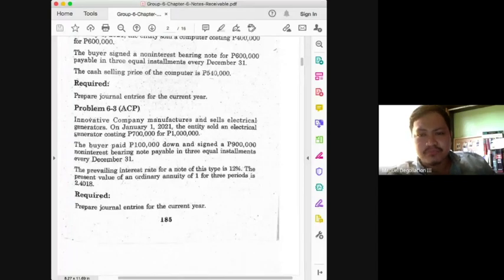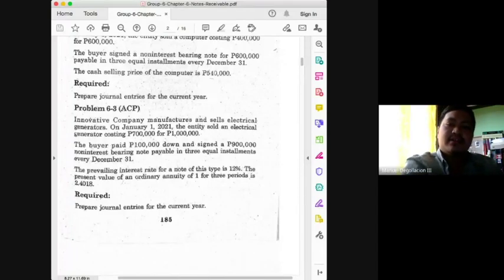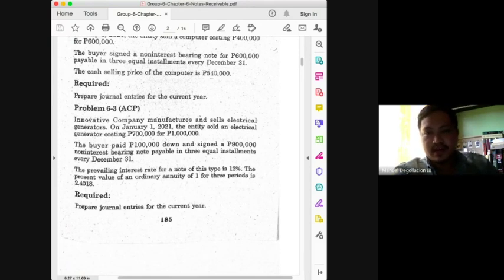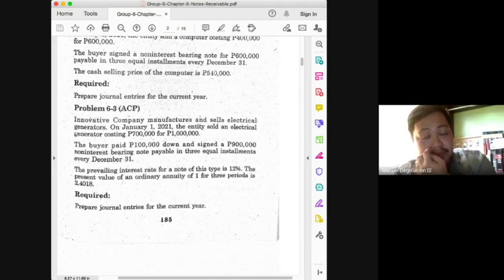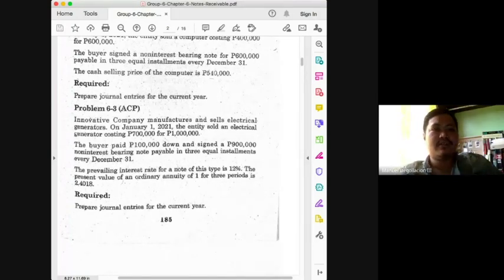Okay, so that is why, even though the selling price is 1 million, our receivable is only 900,000 because there was a down payment of 100,000. And these 900,000 are to be paid in 3 equal installments of 300,000 each. So every year for the next 3 years, we will receive 300,000 for a total of 900,000.